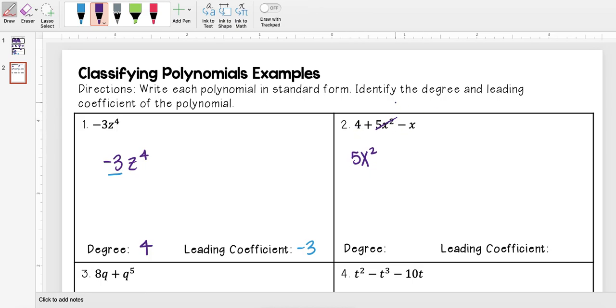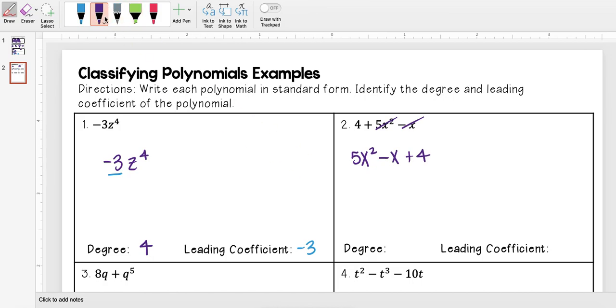Well, my next highest exponent will be my minus x. And then that leaves me with a plus 4. So again, remember, whatever is before that term, that's going to be the sign of that term. So if you notice, my minus x still stayed minus x when I moved it.